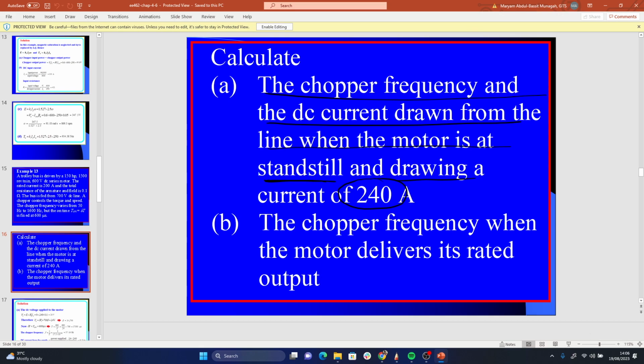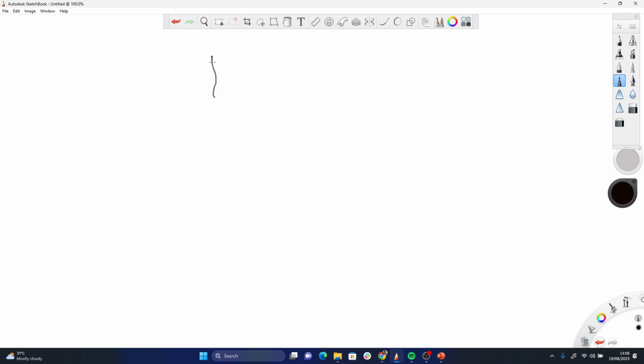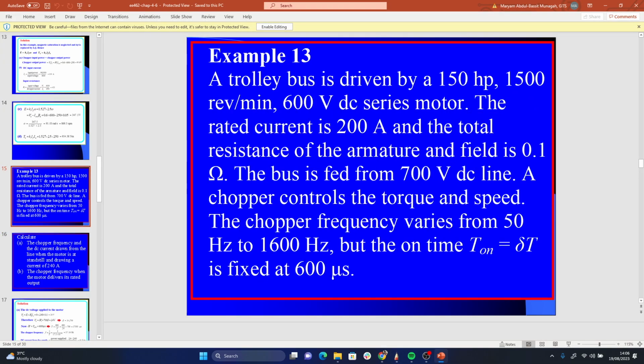So let's see what we can do with what we have. We have a chopper here, right? It's drawing 700 volts. It's going to the motor. The motor is rated: rated voltage is 600, rated current is 200 amps.